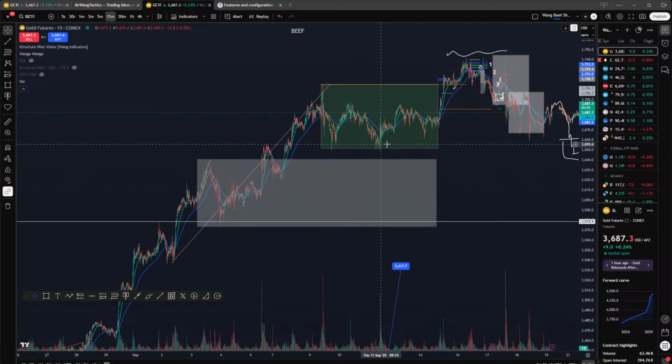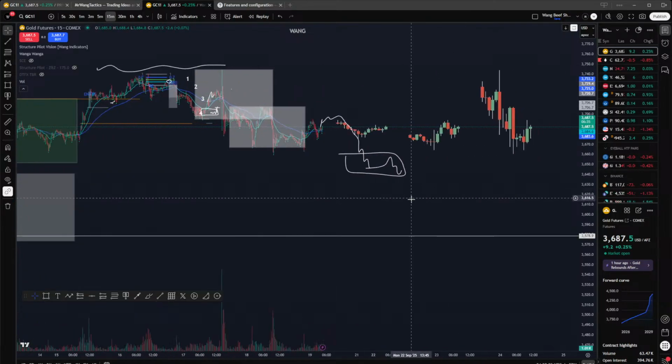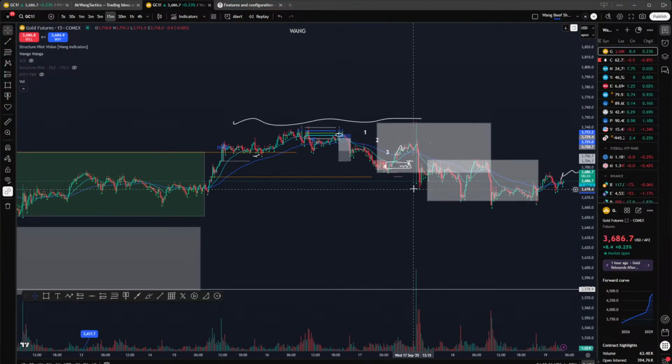This looks like somewhere price gets supported, and by the look of the swings coming down, same high. This high gave us that low right here.